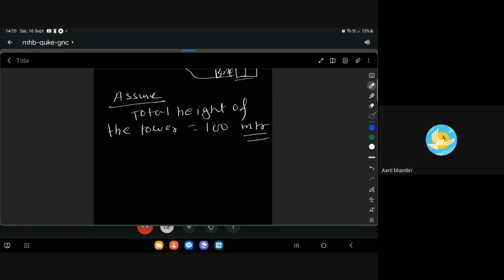See, let's assume the total height of the tower is equal to 100 meters. Okay.